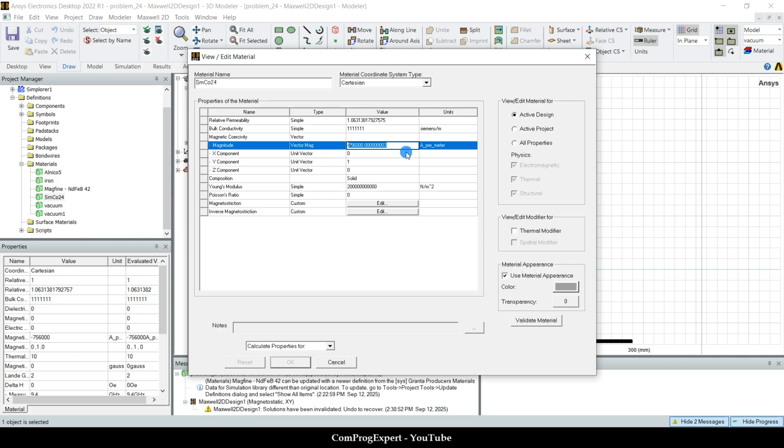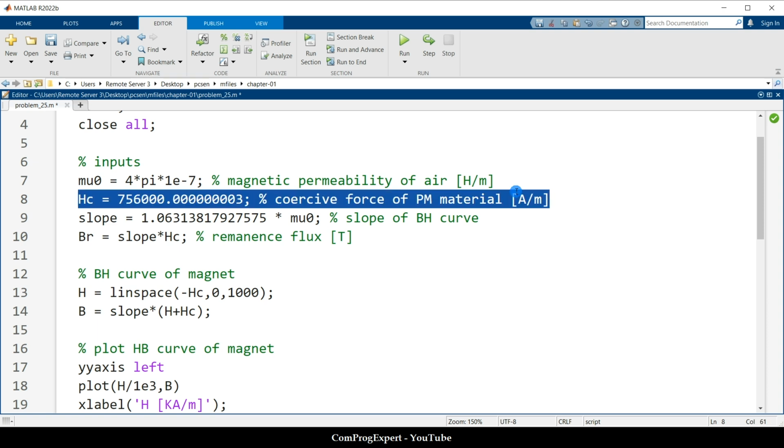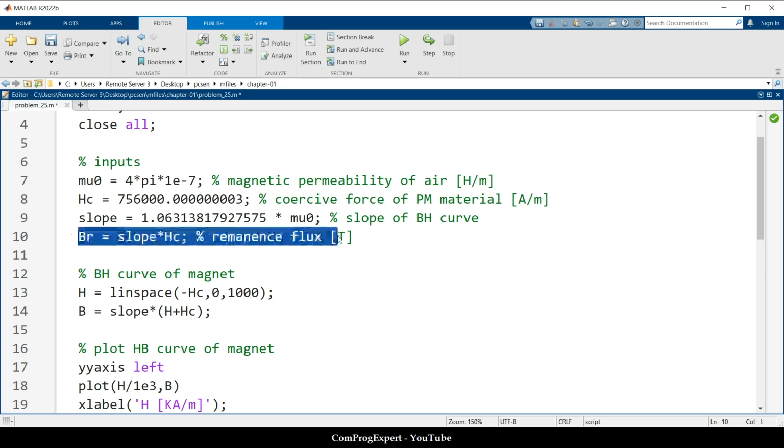Let's copy this and paste this here. HC. The value of the HC is in ampere per meter. This is the slope, and this is the BR, remanence flux.